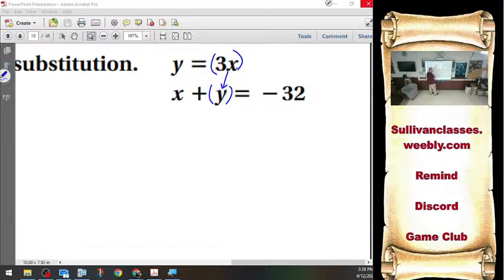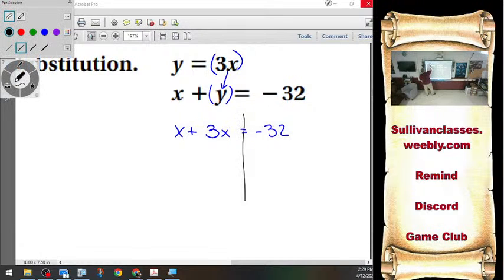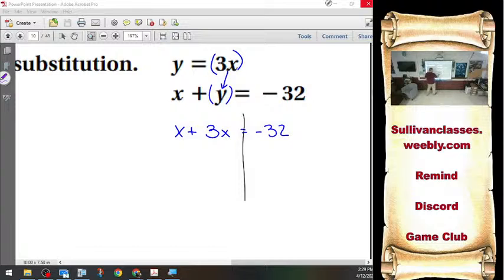So now it's not x plus y, it's x plus 3x is negative 32. If y is this stuff, replace y with this stuff. And now you solve the equations like we're back in first semester. Put your line down the middle if you need it. Combine like terms. Divide everything by 4.